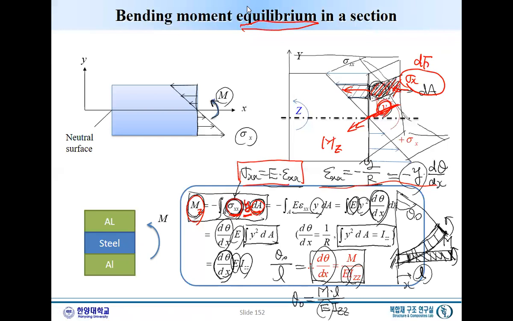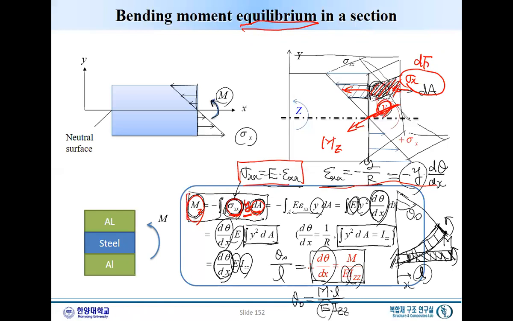Again, at the cross section there is a certain moment and certain stress, and this stress was caused by the moment. So we are using an equilibrium relation between moment and sigma.